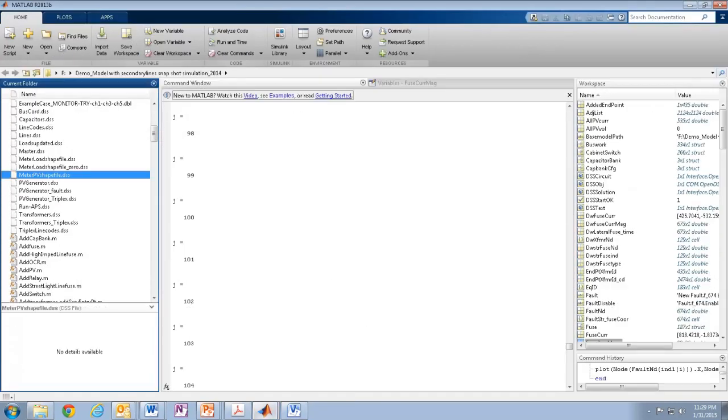Similarly, we have the load shape files, meter load shape files, which would be useful for time series analysis, and the loads at each of those intervals, whether it is 1 minute time resolution or 1 hour time resolution, are entered here.